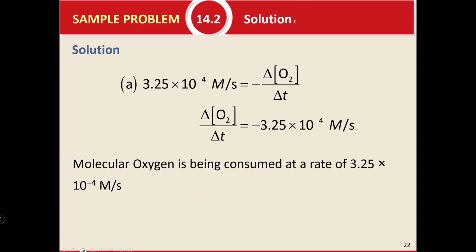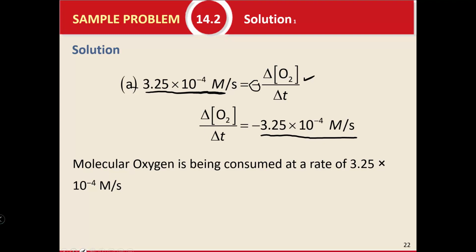All right, so then we set this overall rate, and this is how it comes out to be nice and negative, to what the rate is with respect to the oxygen. So the overall rate with respect to oxygen is negative delta O2 over delta T. So this negative, when we divide both sides by -1, we find that the rate with respect to the oxygen is negative 3.25 times 10 to the -4th.